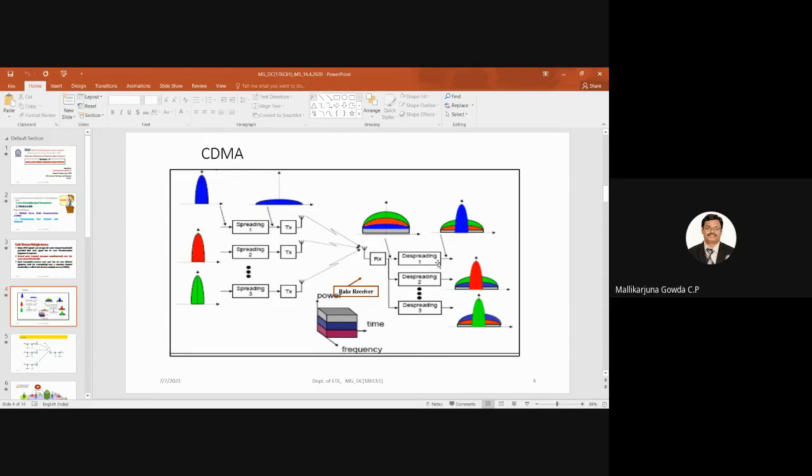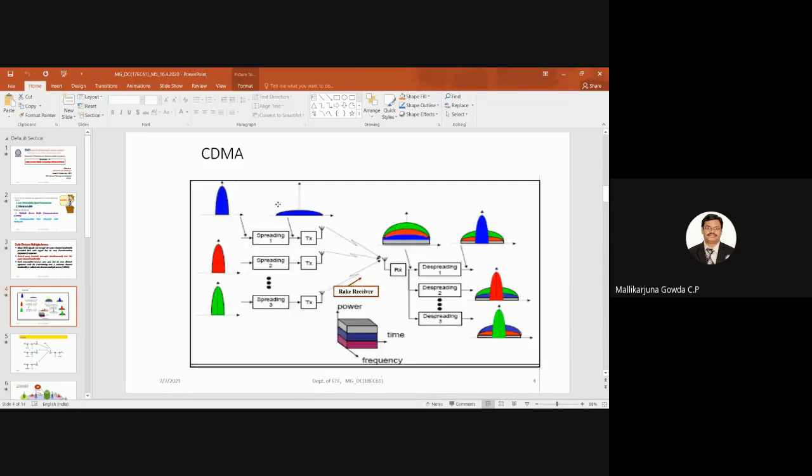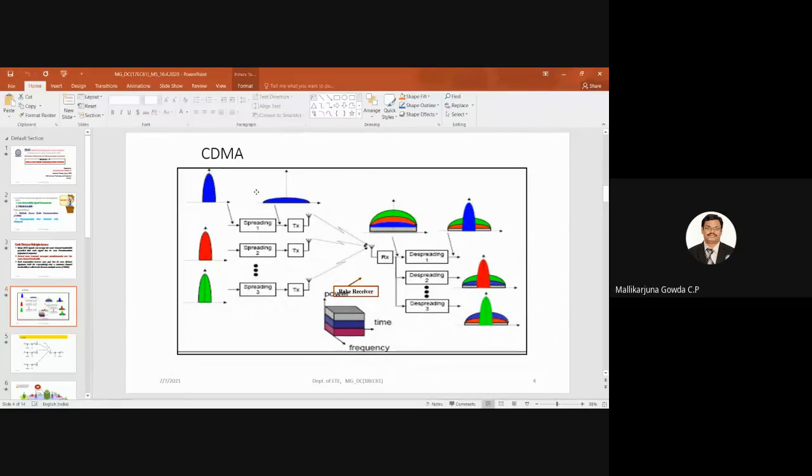Whoever has the spreading code 1, that is pseudonoise code 1, will be able to get back the information 1, that is user information 1. Like that for user information 2, then user information 3. Only user information 1 will have the highest power level. Other users' information will have a low power. You will be able to see that with respect to this diagram.